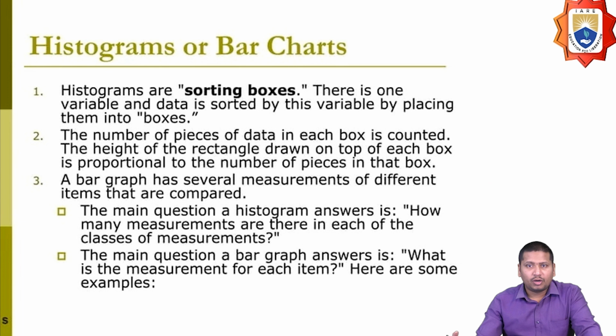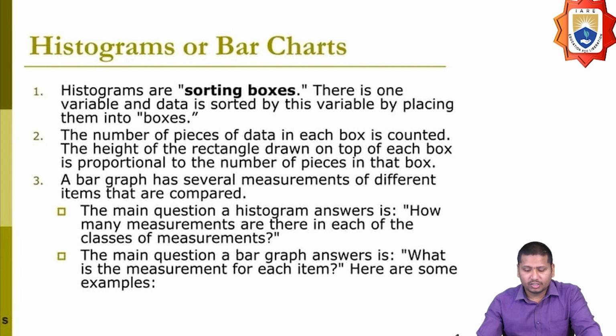A bar graph has different measurements of different items that are compared. So the main question a histogram answers is how many measurements are there in each of the classes of measurements, and the main question a bar graph answers is what the measurement is for each item.